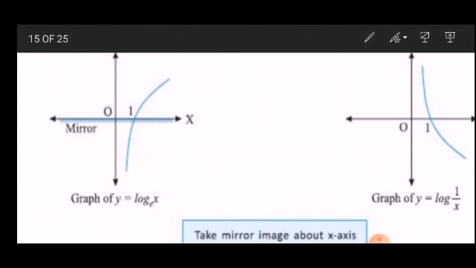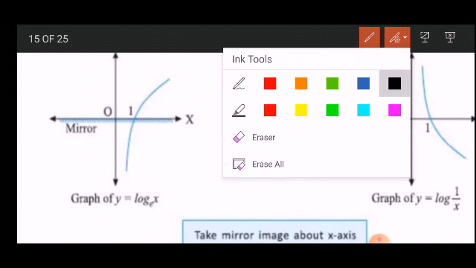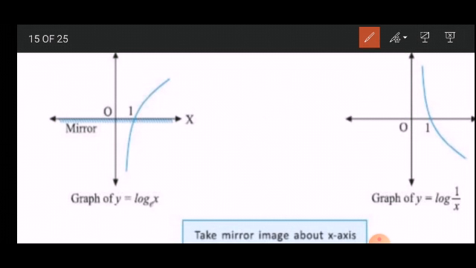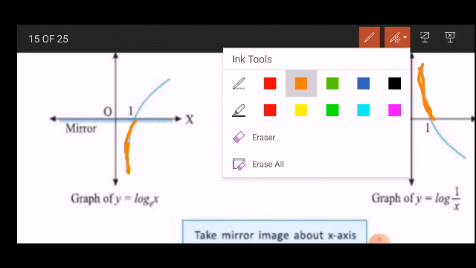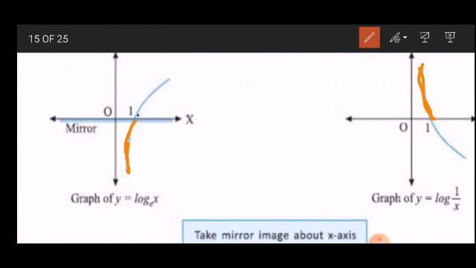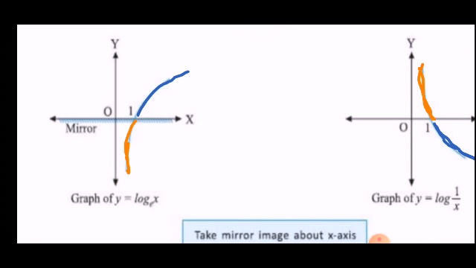You see here, this negative portion goes here into the positive region. And the positive region over here comes in the negative region. That is what we learned in the previous graph.